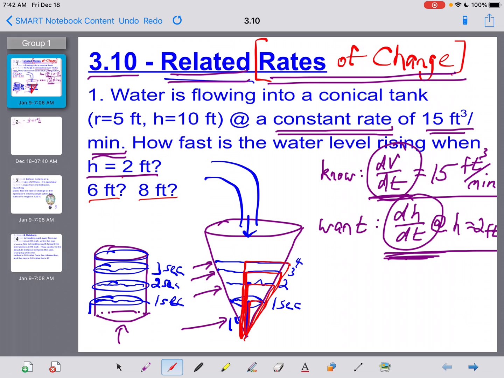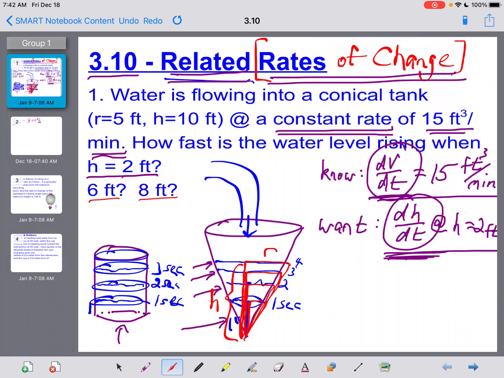Same shape, but different sizes. Okay? And that means that there's always going to be the same relationship between the radius of water right here on the top of that surface and then the height of the water, or the depth, measured over here on the side. What we need to do is draw a relationship between R and H so that we can represent one of those quantities in terms of the other.